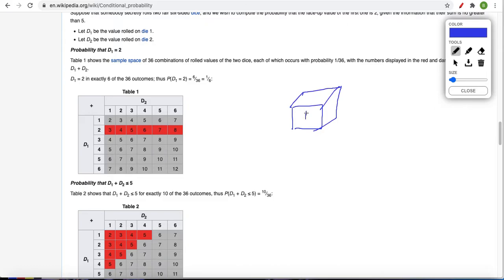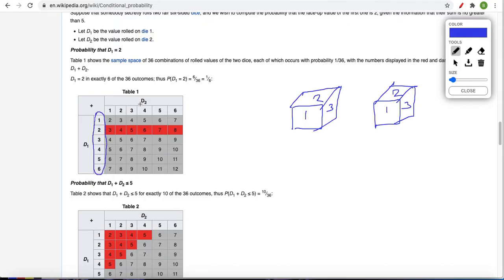Every face is named 1, 2, 3, and 3 hidden faces: 1, 2, 3, 4, 5, 6. These are the faces on the dice. Again, 3 faces are hidden here also. So these are the outcomes on die 1.